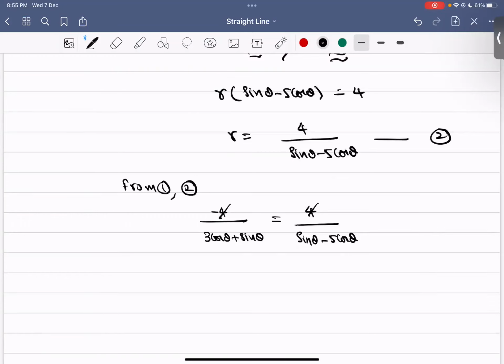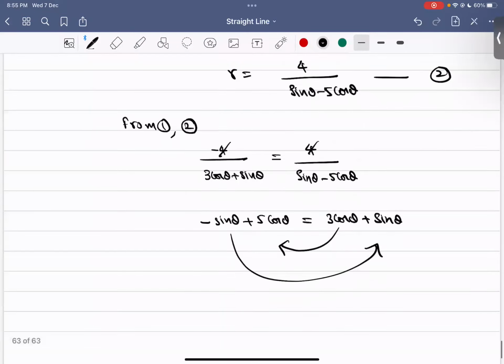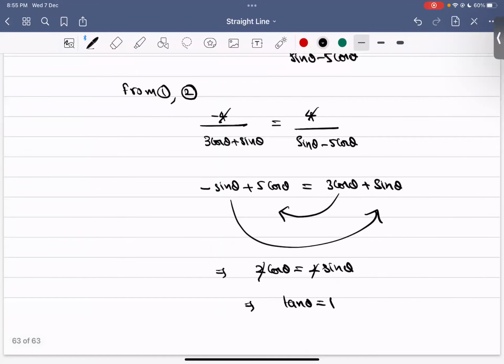Cross multiply, then you get minus sin theta plus 5 cos theta is equal to 3 cos theta plus sin theta. Now take 3 cos theta this side, minus sin theta this side. Then you get 2 cos theta is equal to 2 sin theta. 2 cancels. Sin theta equal to cos theta, that is tan theta equal to 1. So tan theta is equal to 1. What is tan theta? Slope of the line.